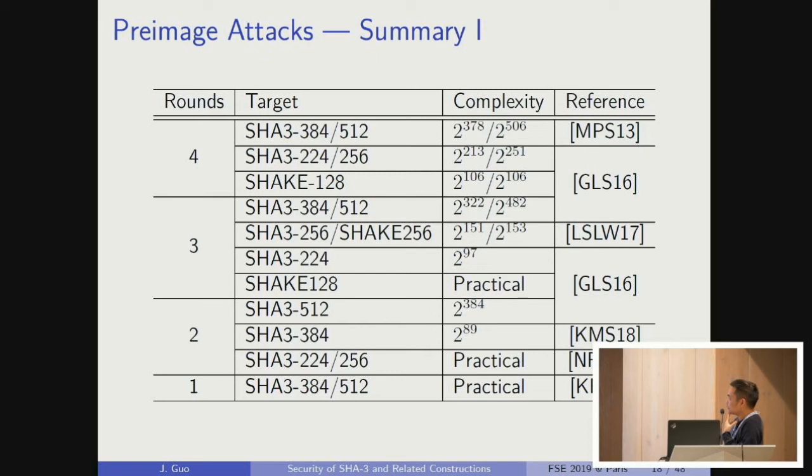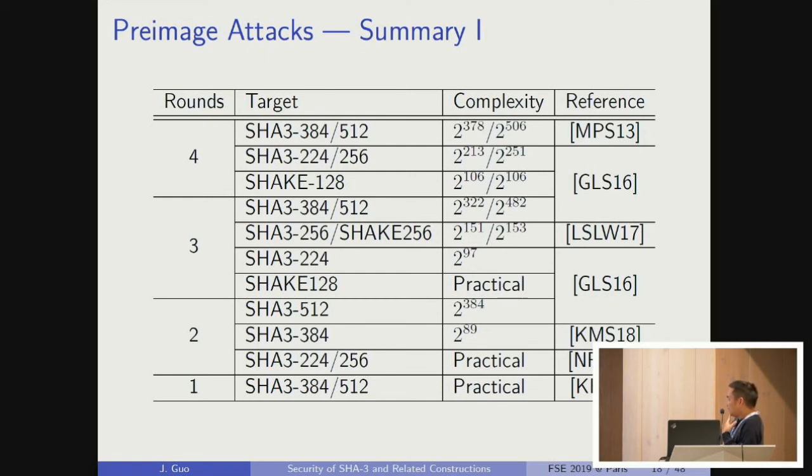And we can see that when we have more degrees of freedom, meaning more output bits, we can establish more equations. That's why when we have the bigger numbers here, we can attack more rounds.